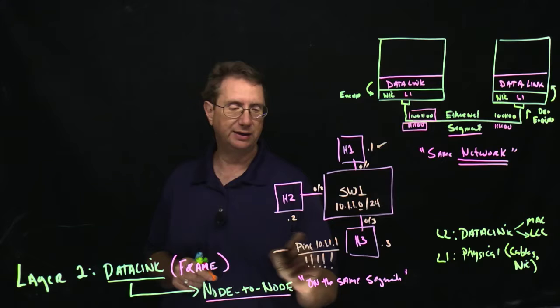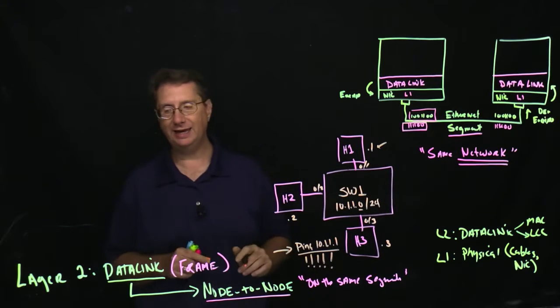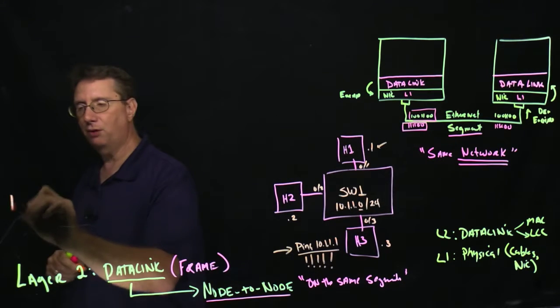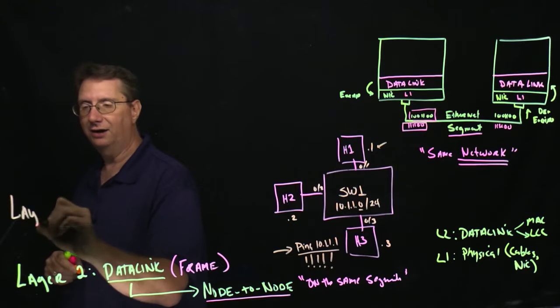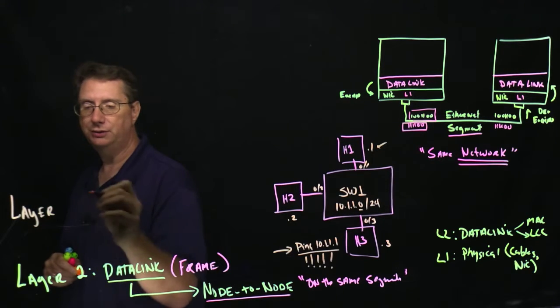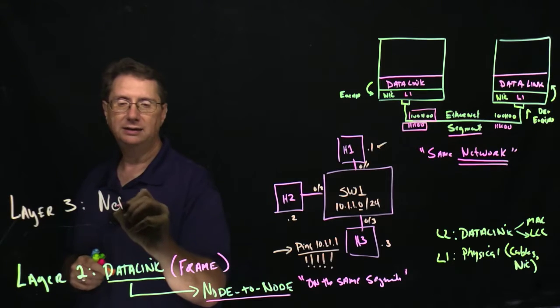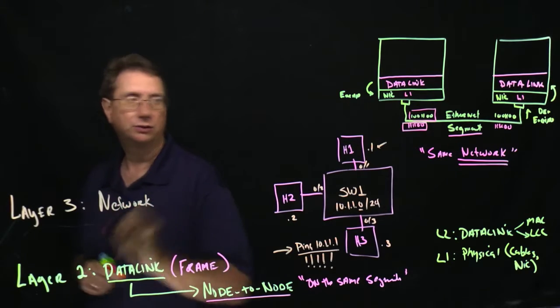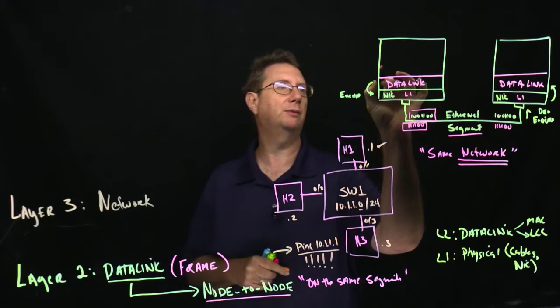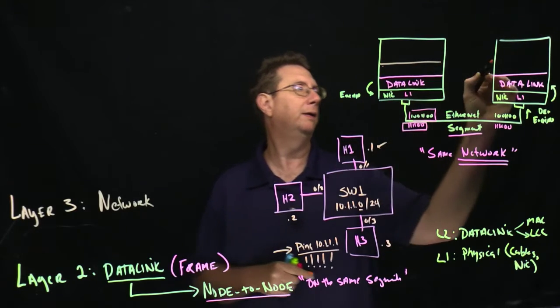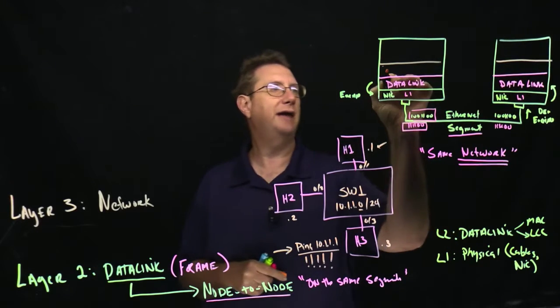Now the problem is this idea of ping actually is a protocol that runs at a higher layer than layer 2. It runs at layer 3, which is referred to as the network layer. So just to illustrate this point, I'm going to come over here and I'm going to draw in the network layer.